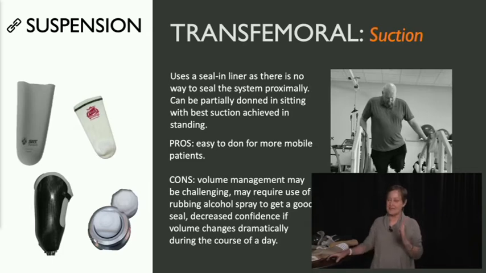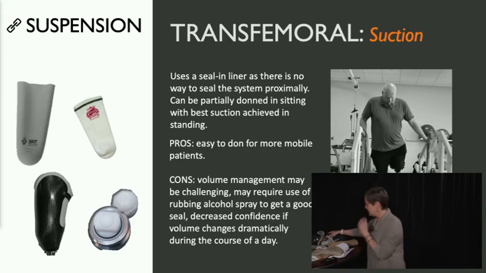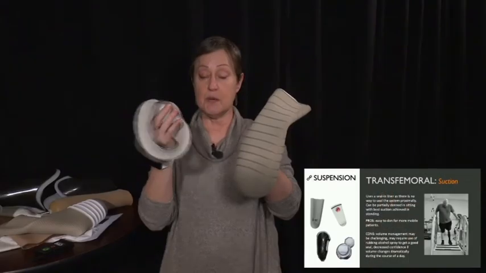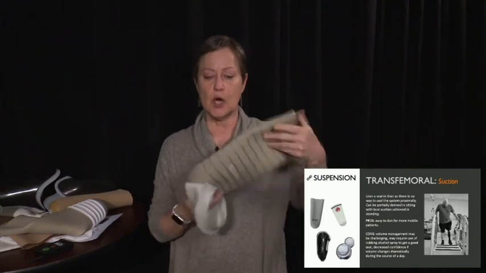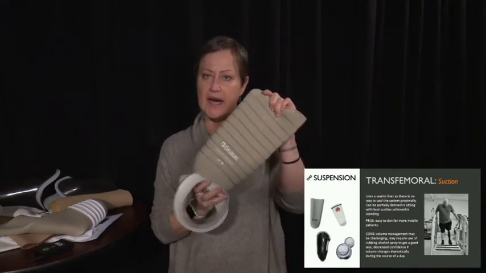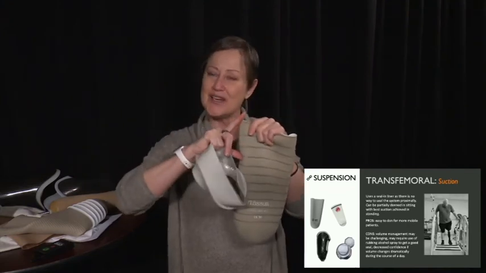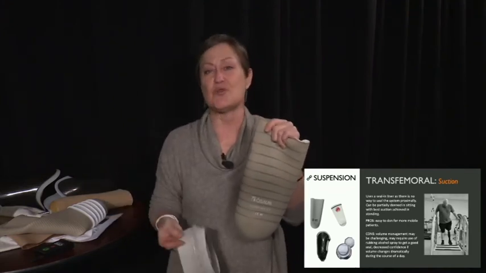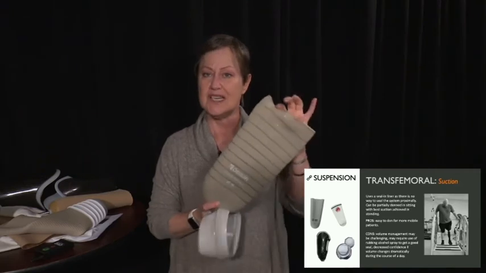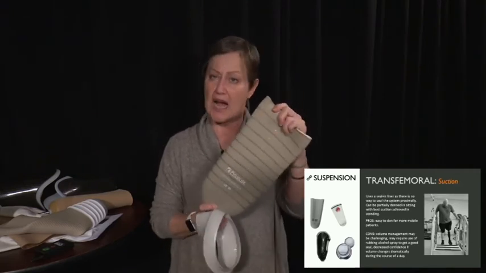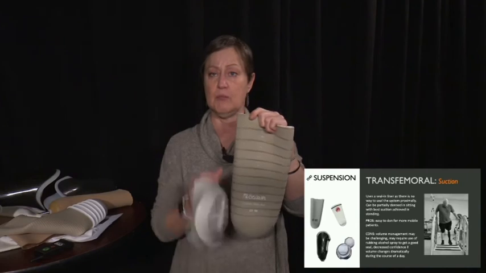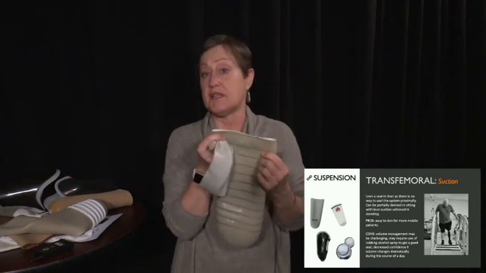Okay. Now you can have suction for the transfem patient, and that's really where this comes in that I showed you. So same kind of concept where you're going to have suction below the ring, but because they're transfem, you can't really have a sleeve. There's really no way to get a closed system that works really well for the transfem because of the location of the top of the socket.